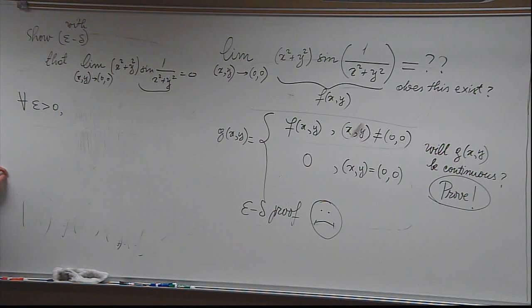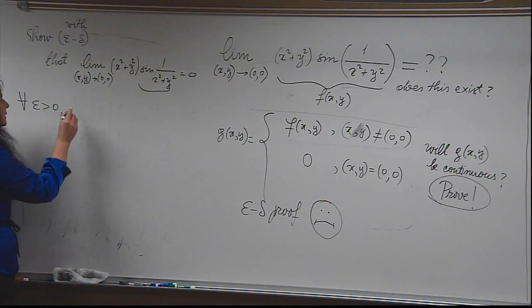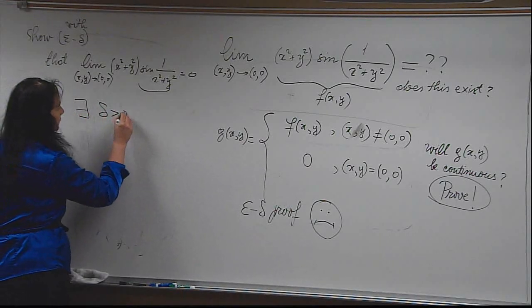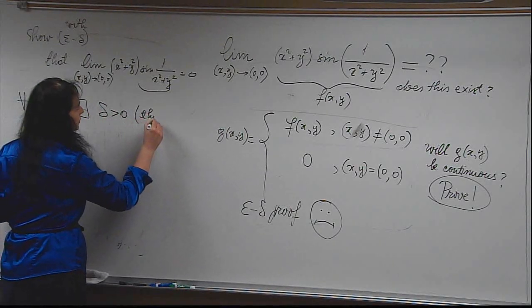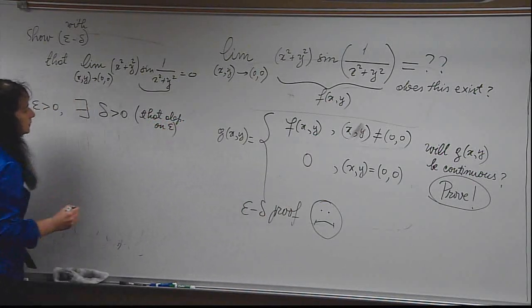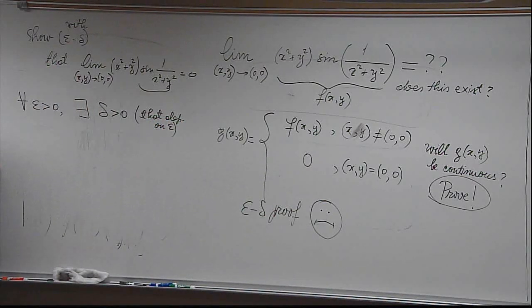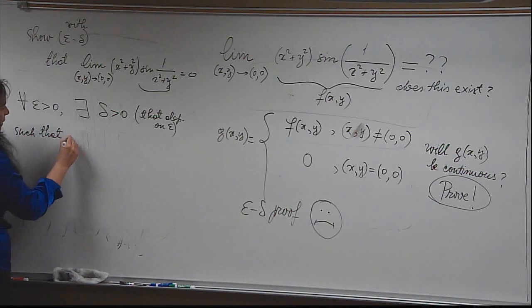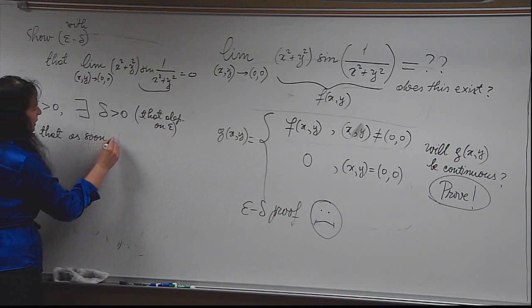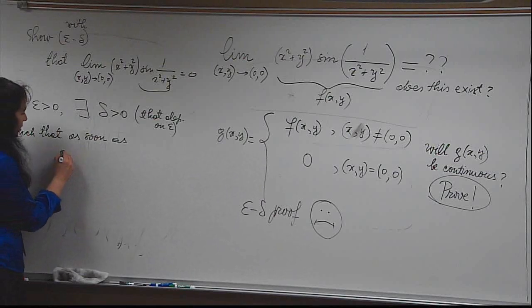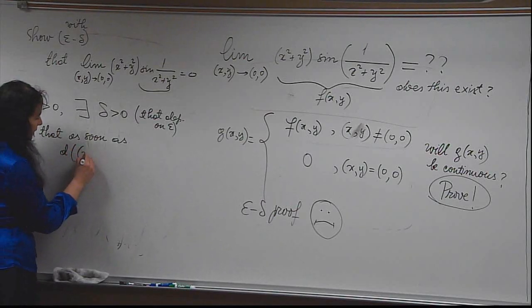For every epsilon positive, no matter how small, there must exist a delta positive, which depends on epsilon, such that as soon as, how did we write the distance? I'll write the distance again because I'm lazy.